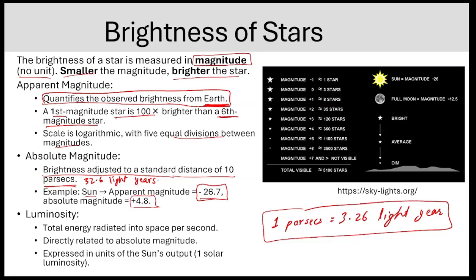Luminosity is the total energy emitted per second, often expressed in solar luminosity, and again this is with reference to the sun, meaning the sun's luminosity is 1 solar luminosity, and this is directly related to absolute magnitude.